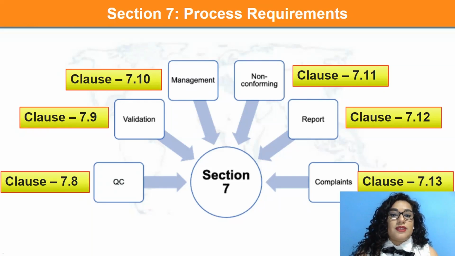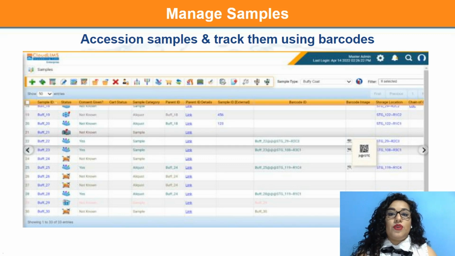So, to manage samples, a LIMS can help you to associate unique barcodes with each sample. It enables you to track the samples at any point in the sample life cycle. This is really helpful because you will always know where the sample is and what barcode it has.